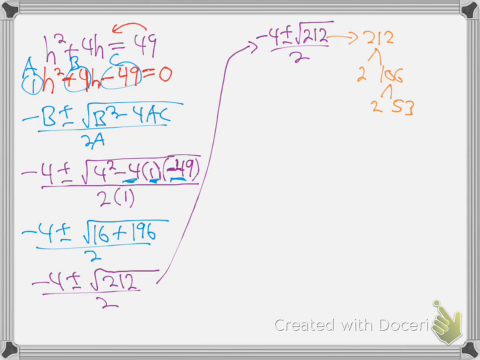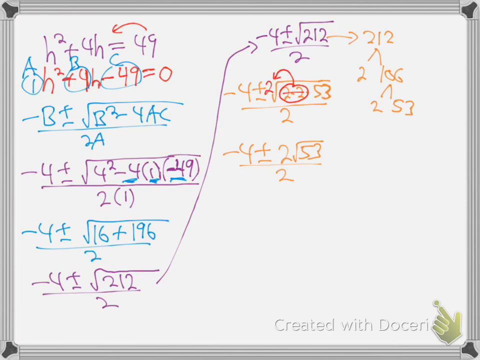Nothing goes into 53. So we got negative 4 plus or minus the square root of 2 times 2 times 53 all over 2. And then 2 2's in, ships 1 2 out, and they're gone. And so we have minus 4 plus or minus 2 root 53 over 2.